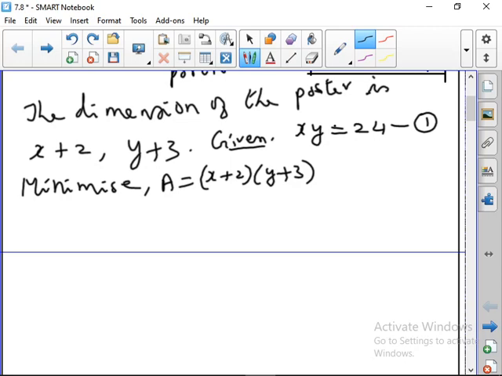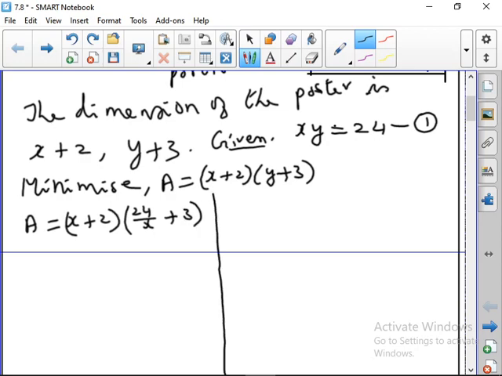So now from 1, what is A? A is equal to x plus 2 into y, which we can write from 1 as 24 by x, plus 3. So it is equal to, we can take the LCM or multiply.